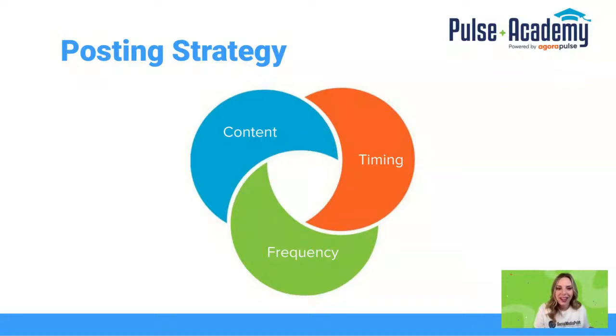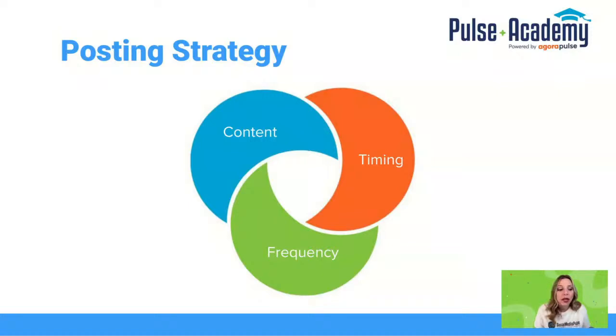Okay, and so thinking about posting, the thing is, again, awesome content, perfect timing, and ideal frequency. It's that Venn diagram where you want to hit that target right in the middle of awesome content, perfect timing, and ideal frequency. And again, these can be very complicated to think about.